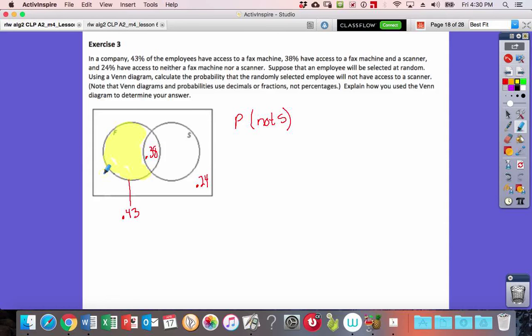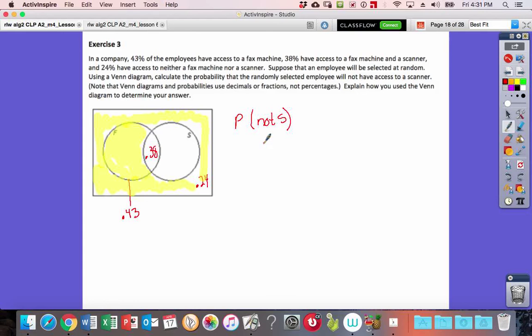Then I would also pick everybody out here, right? So if I want the probability of not S, remember that, you got to think about that. It's the probability of not S.